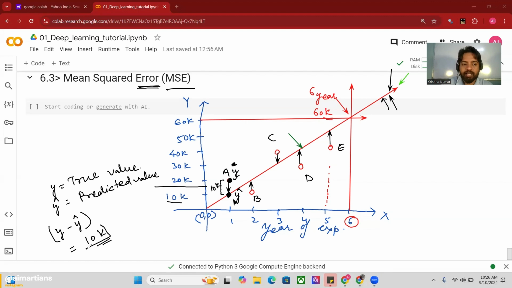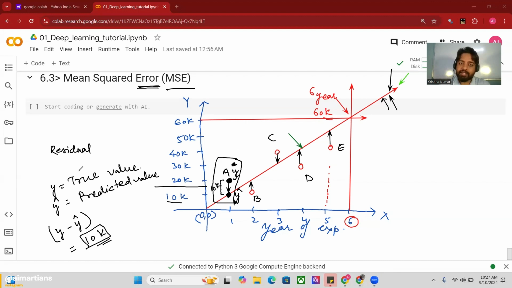This 10K is for a single data point, because this is a single data point, and this is the predicted value. So if I am calculating only the loss of one single data point, that is called residual.